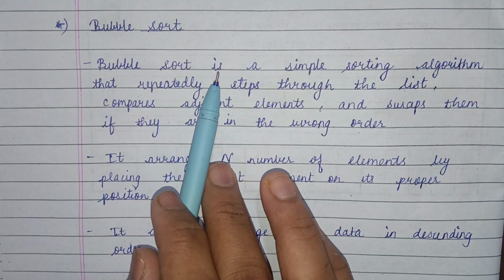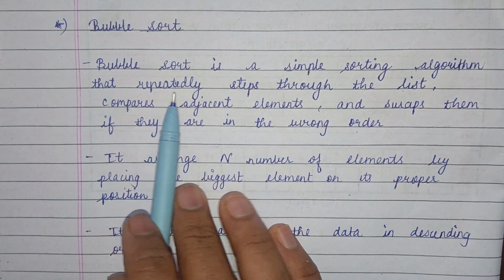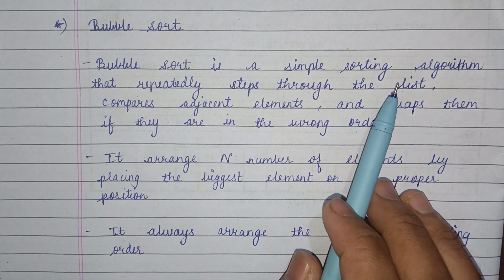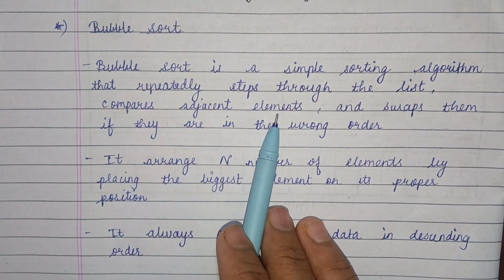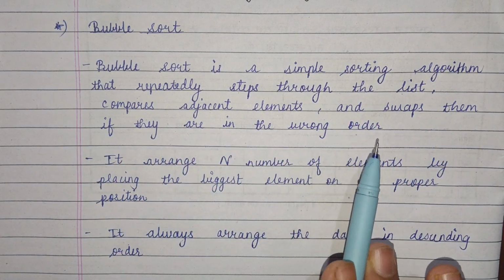So bubble sort is a simple sorting algorithm that repeatedly steps through the list, compares adjacent elements, and swaps them if they are in the wrong order.